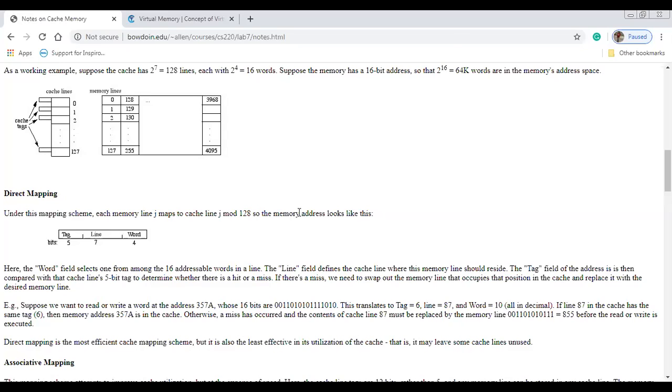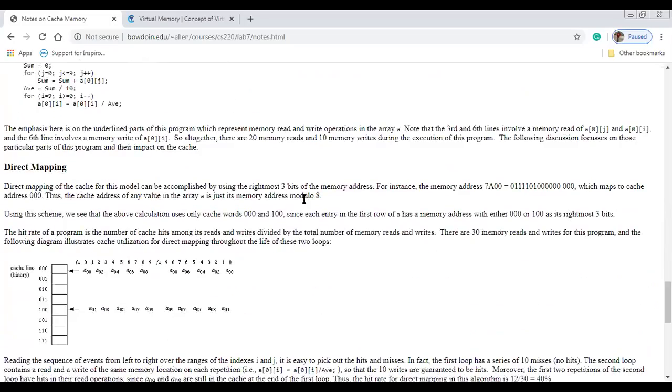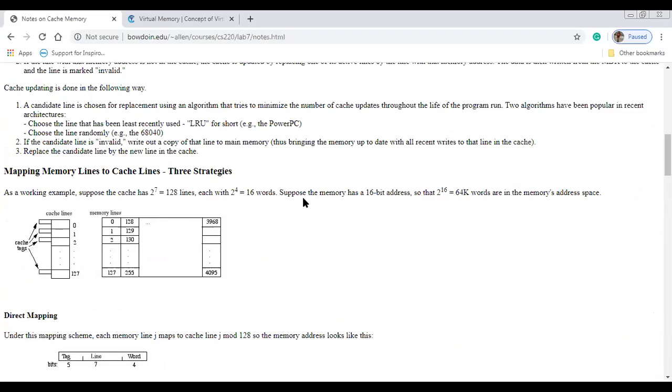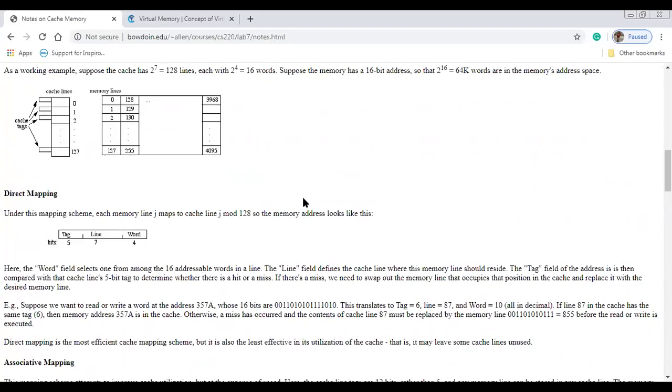Now? Now we can see, like memory mapping lines to cache lines. Yes, sir.